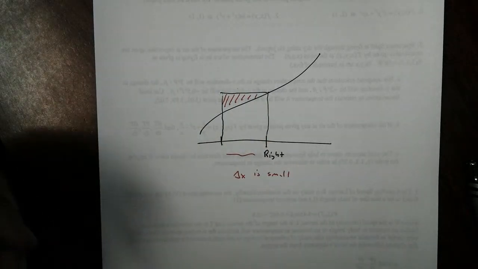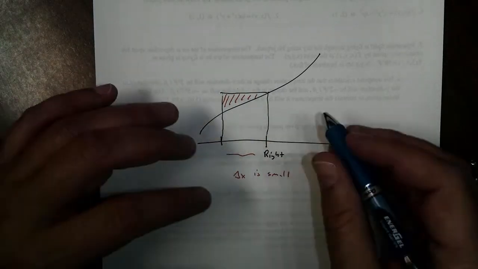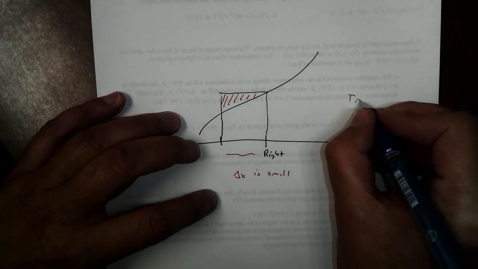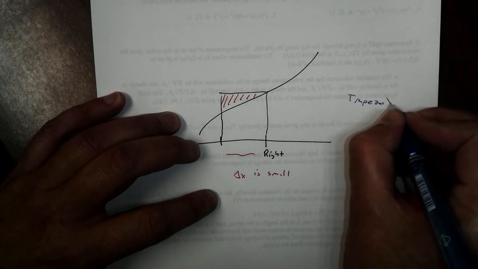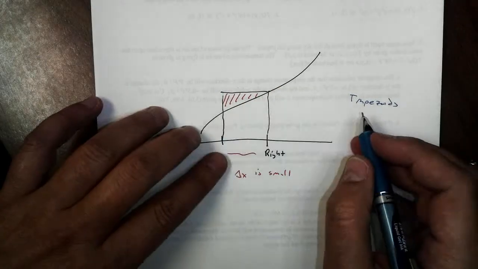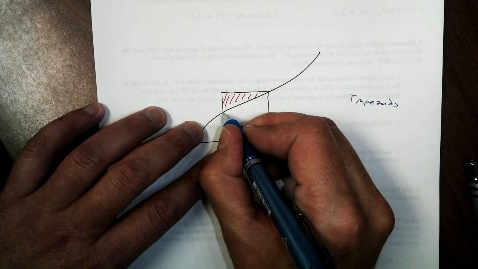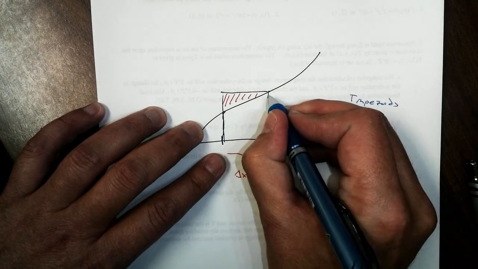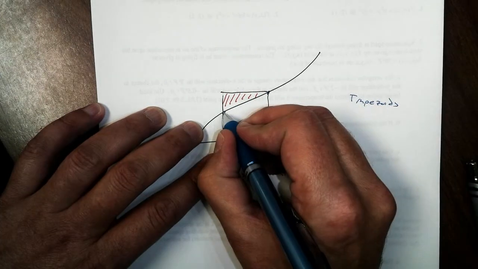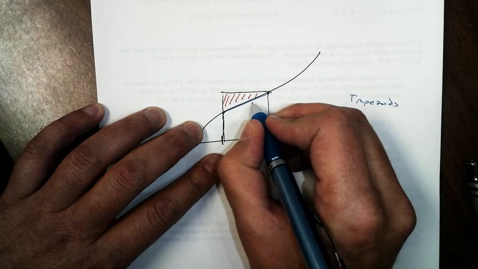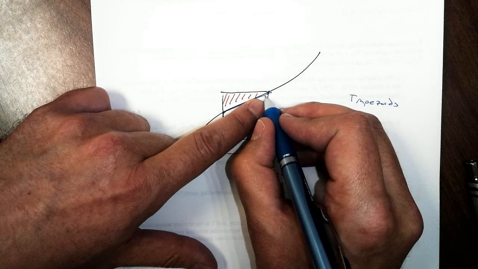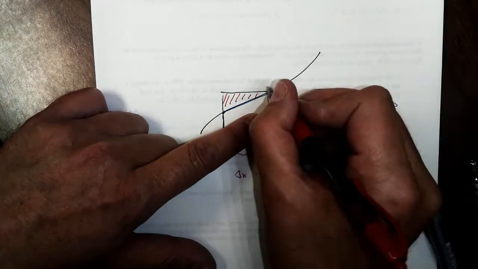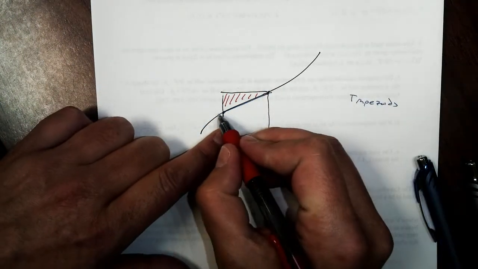Well, along comes another method that we like to call the trapezoid method. Trapezoids are very nice because they look at both sides right here. If I connect them, it's still not very accurate, but look at that error. It is so much smaller.